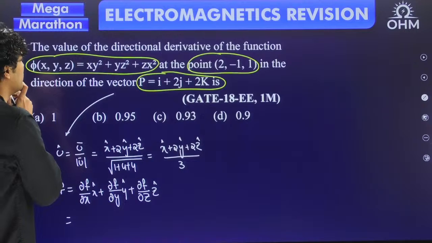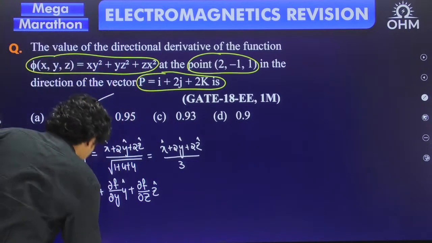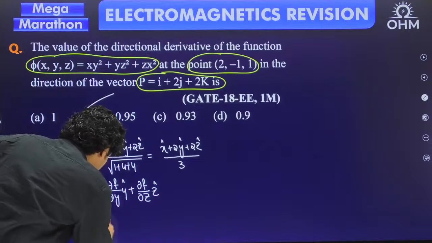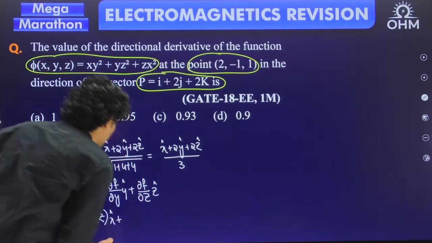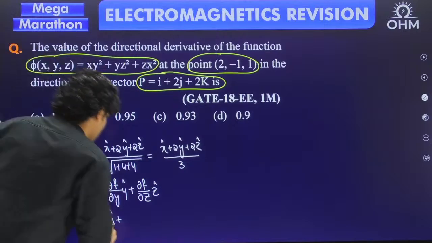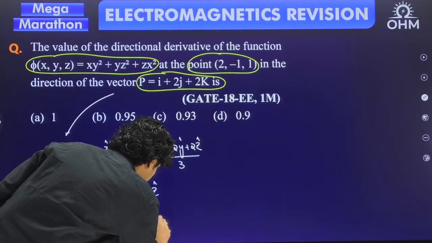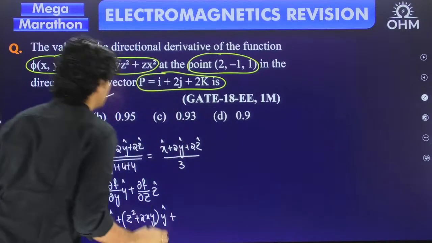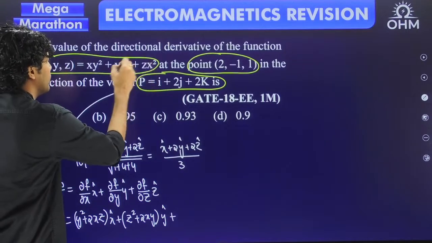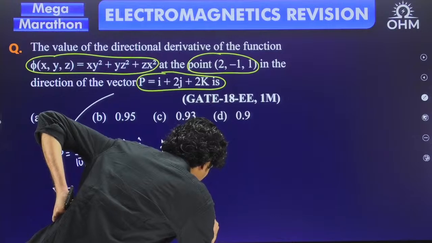When you differentiate this with respect to x, we get y square here, and we get 2xz here. So this is y square plus 2xz x cap, plus differentiation with respect to y. Here we have 2xy and here z square. So this is z square plus 2xy y cap, plus, if you differentiate with respect to z, we have x square plus 2yz.